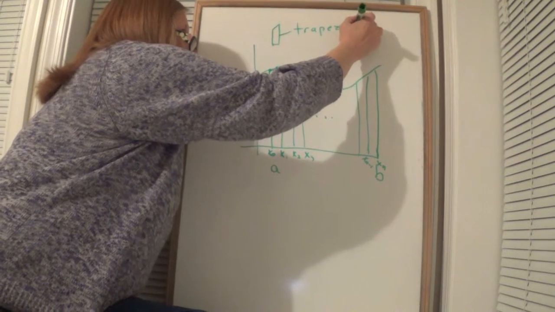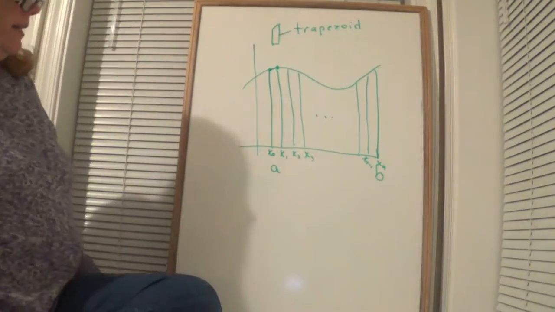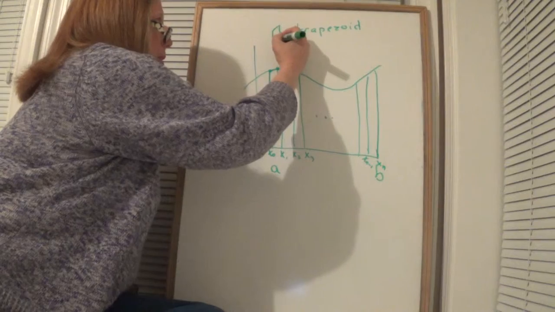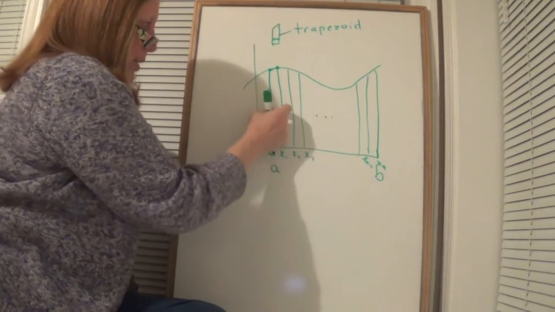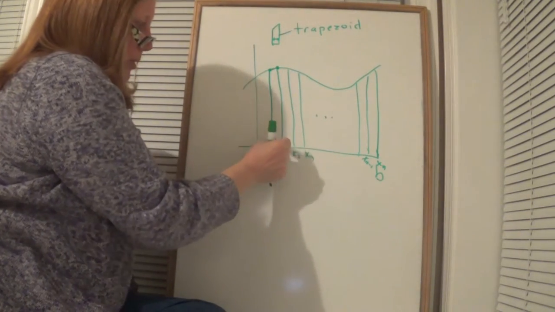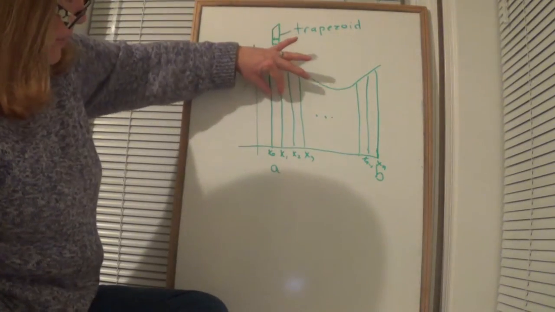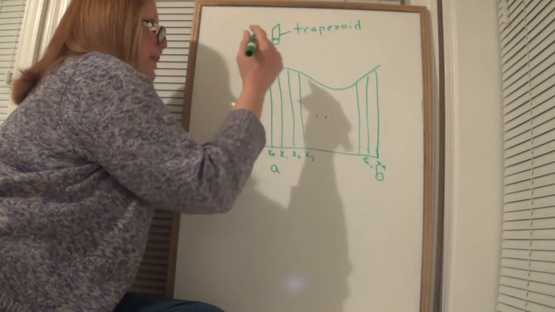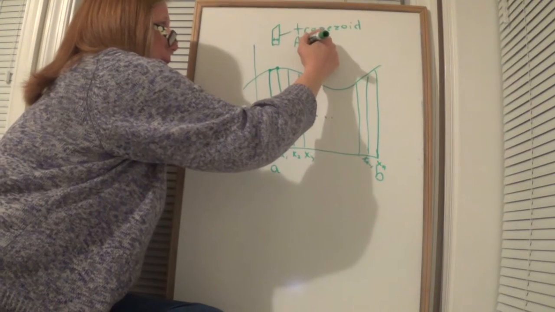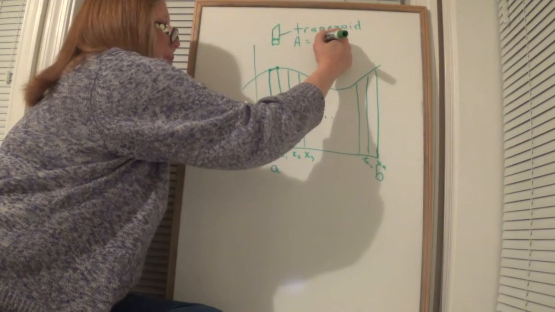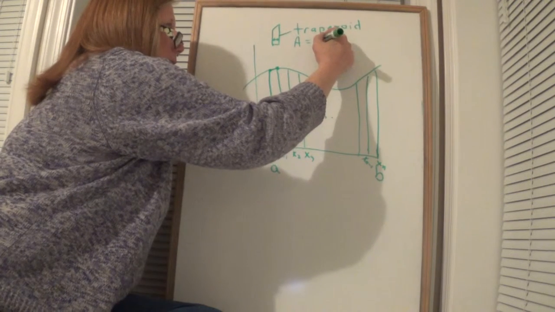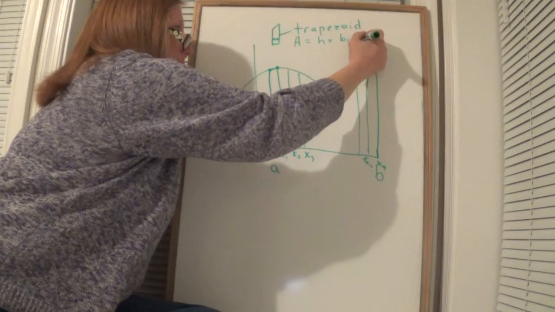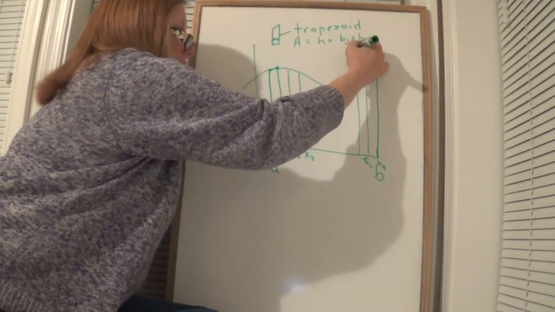Alright. The trapezoid has a height that is the distance between the 2 bases. So actually the distance between these 2 long parallel lines is the height, and the area of the trapezoid is the height times the sum of the bases, base 1 plus base 2, divided by 2.